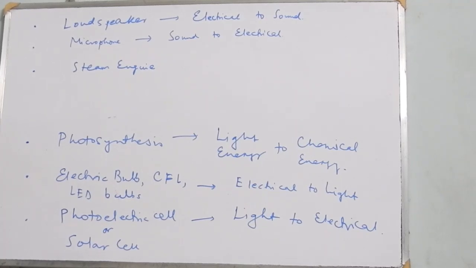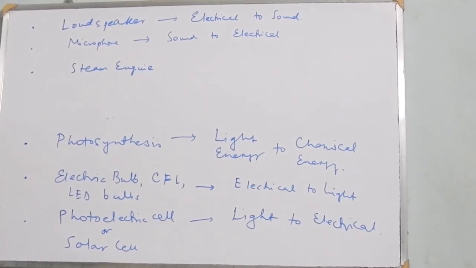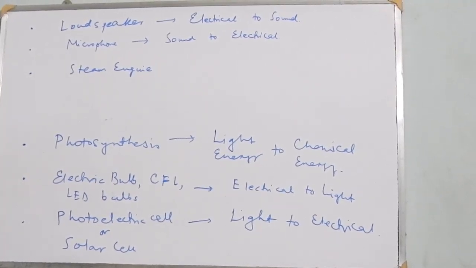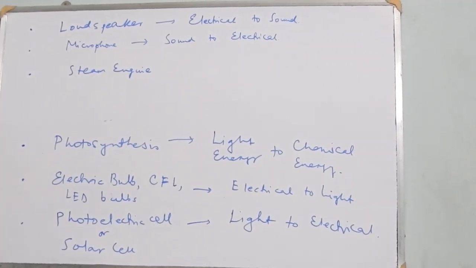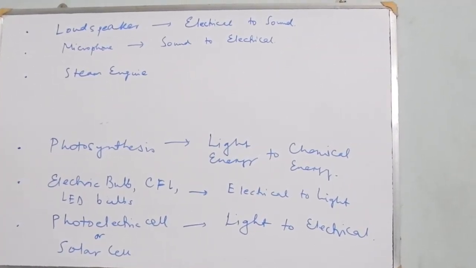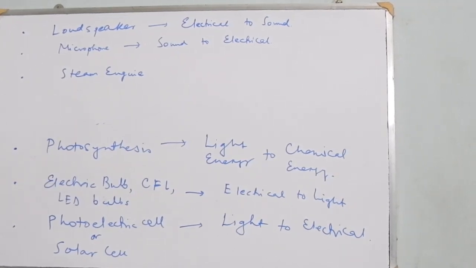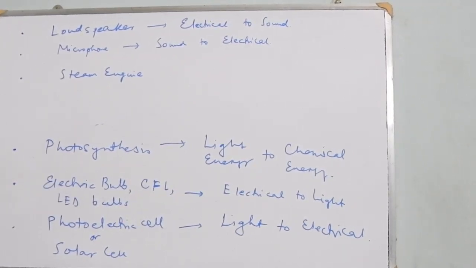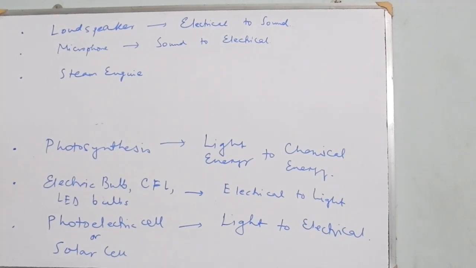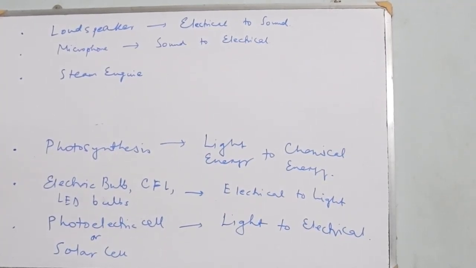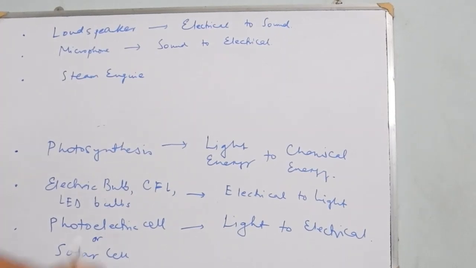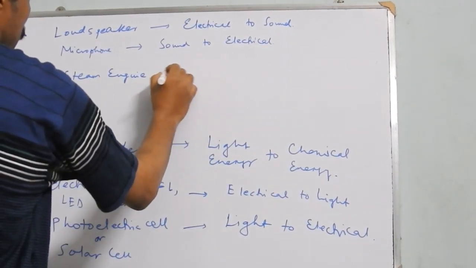the chemical energy of the coal is first utilized to produce heat energy of steam, and then the steam engine can drive to produce mechanical energy. So this is an indirect conversion.